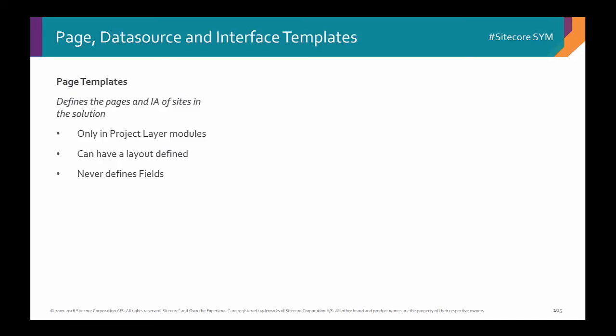Who would use those fields? So a page type is just the wiring together of the layout with the business logic, the renderings, and those kind of things. In other words, page type templates are also never referenced from business logic. No business logic has any concept of the page types.